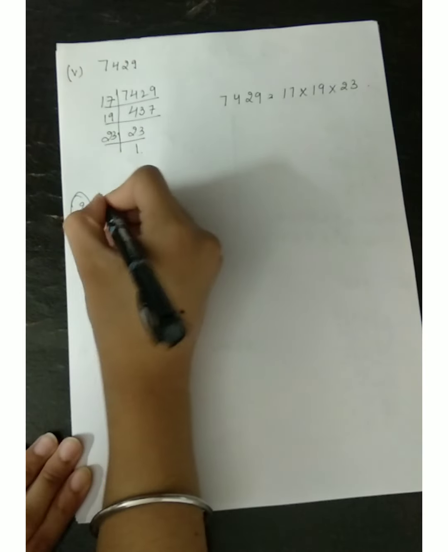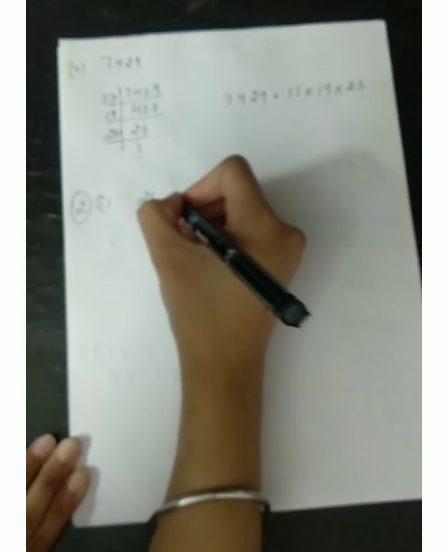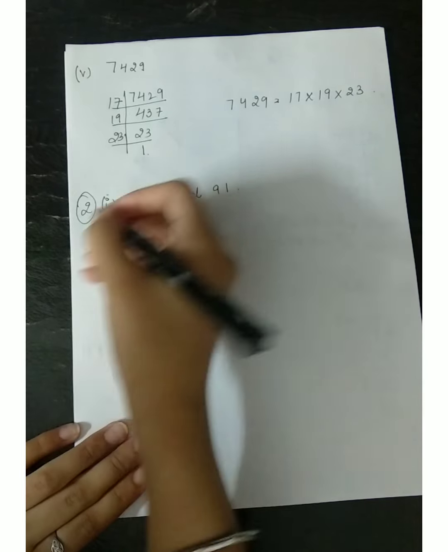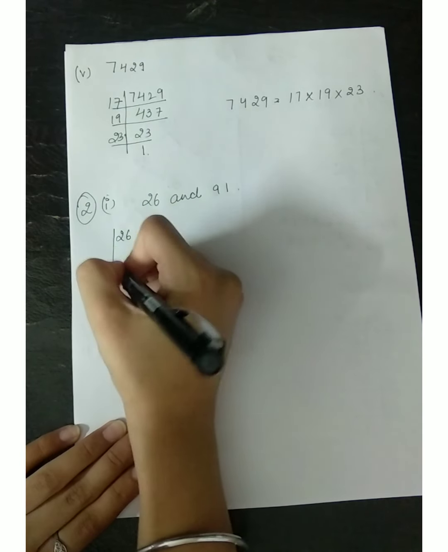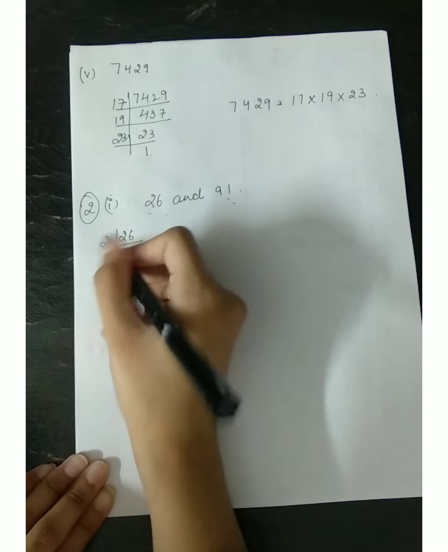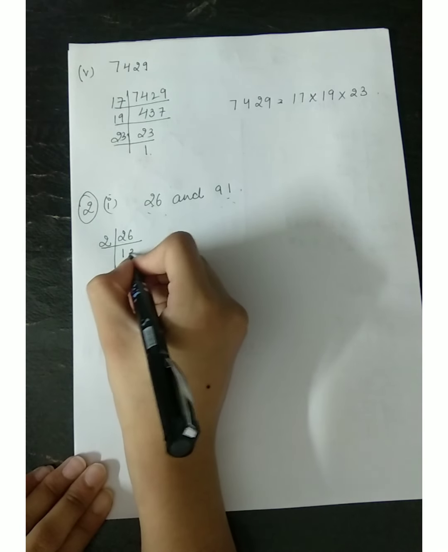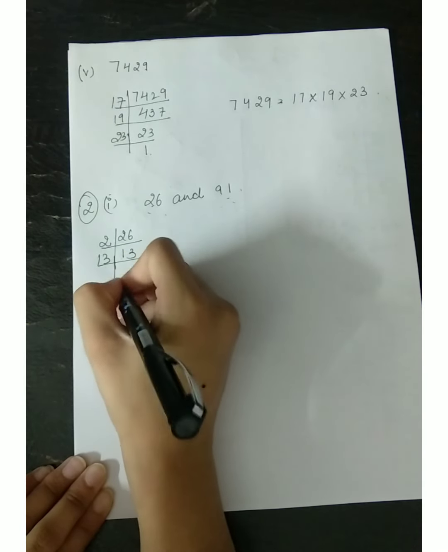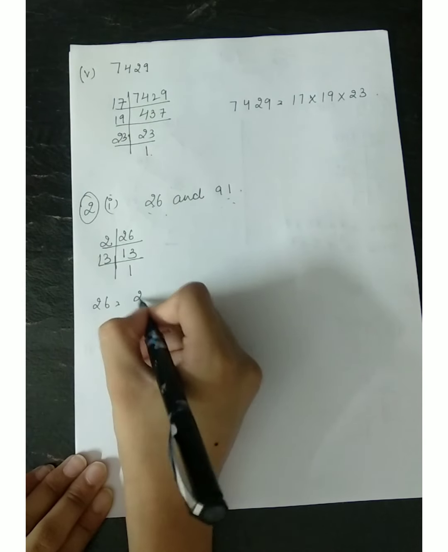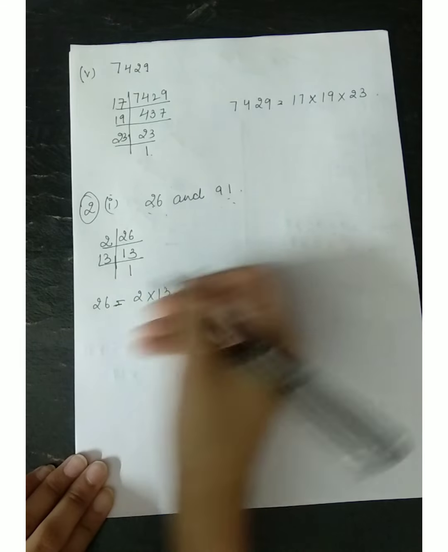Now, our first part is 26 and 91. Now, 26, we will be solving them one by one. Now, 13, then 13 and 1. So, 26 is equal to 2 multiplied by 13.